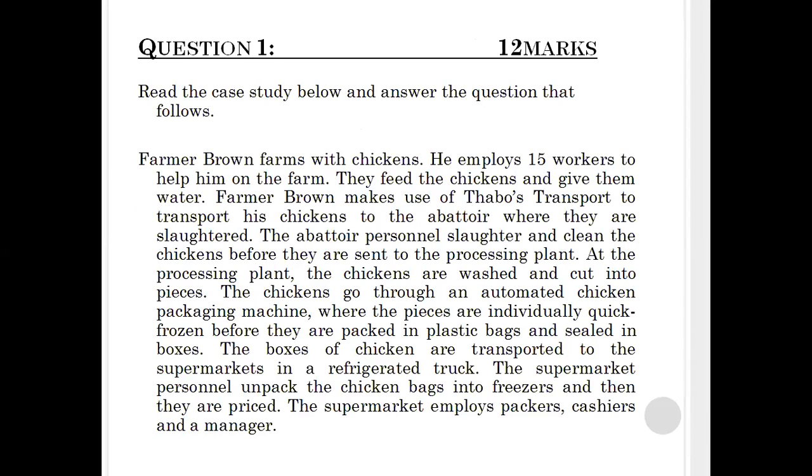It will be question 1.1, name the 4 production factors.